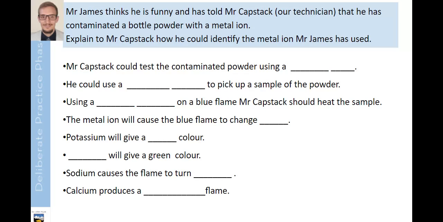So he's put a metal ion into a bottle of powder in the chem store, which actually we shouldn't really be going in, but Mr. James has got into the chem store and contaminated a bottle of powder. Now explain to Mr. Capstack, our technician, how he could identify the metal ion Mr. James has used. And as you can see, he's all ears, ready to listen to how he could test it.